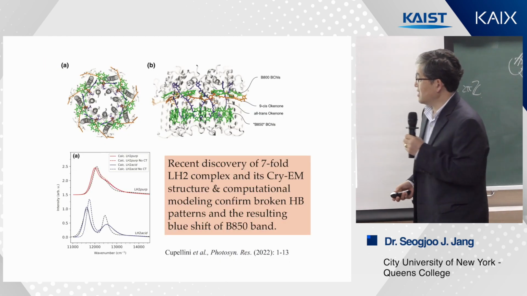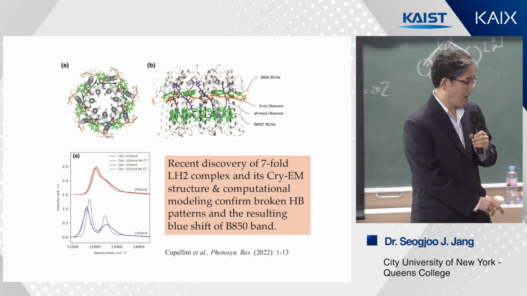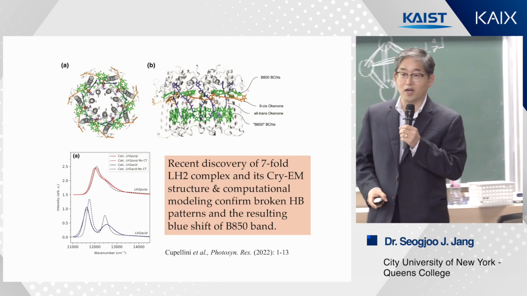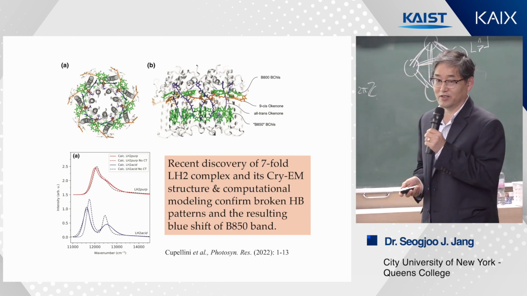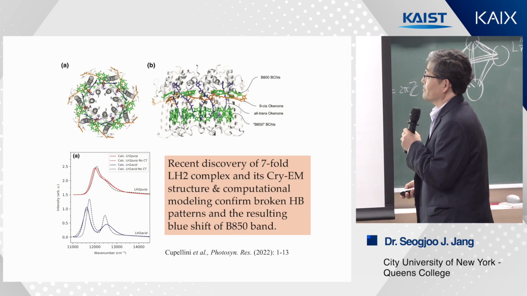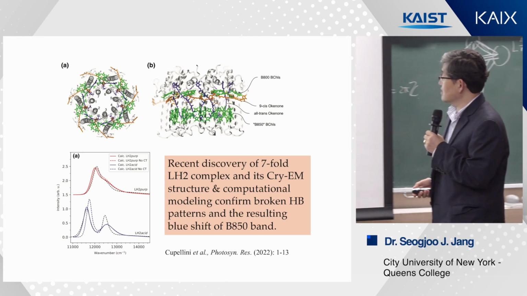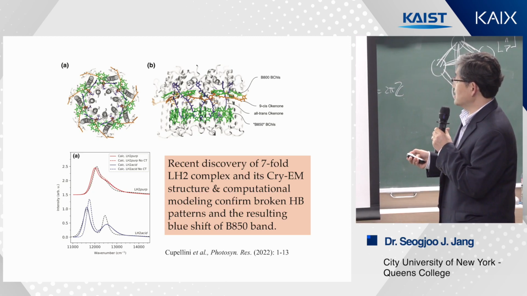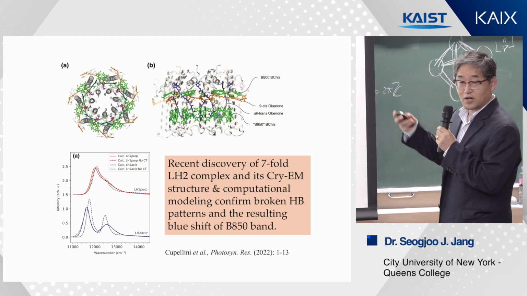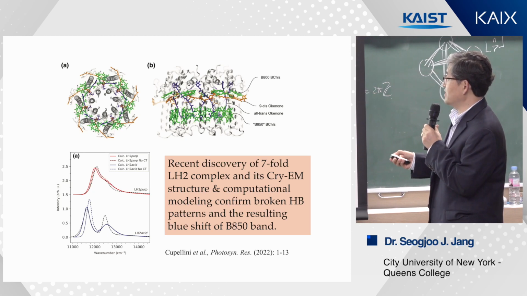Our study in 2015 was highly speculative, although I felt that we really made great computational discoveries. Since then, this year, it turned out that there exists another new kind of seven-fold LH2 complex.